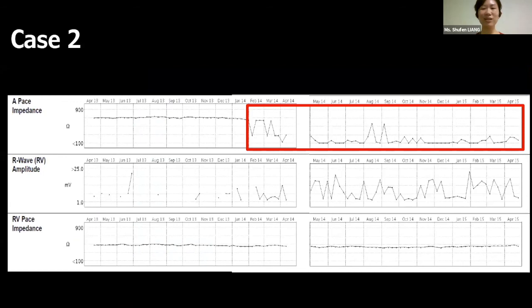And again, we must look at the trends. The trends give an indication of the impedance. So this is the atrial impedance, and the rest are the ventricular lead parameters.